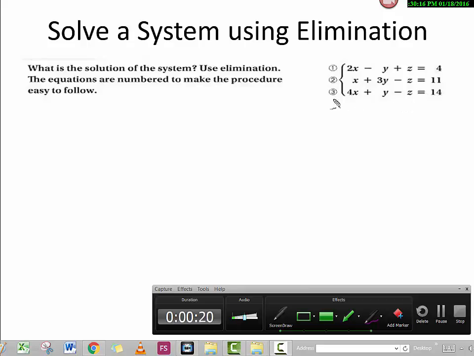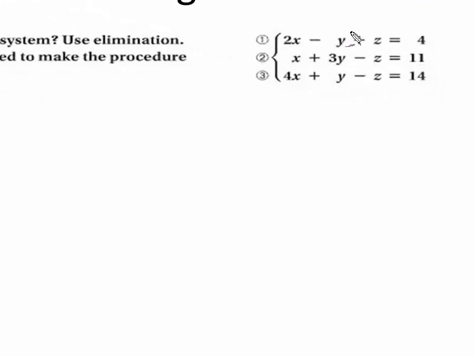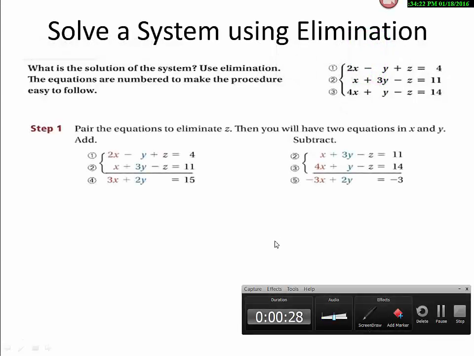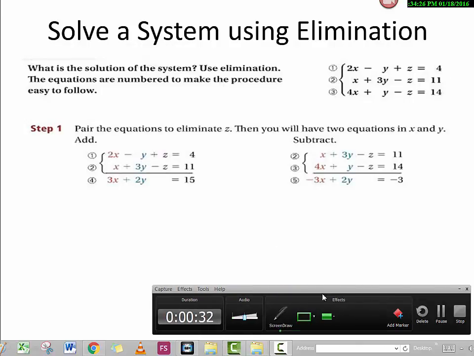So when I take a look at the whole system, I know I'm going to eliminate z first, because they all have the coefficient of 1. Here is step 1. Because I want to eliminate z, I put equations 1 and 2 together first.